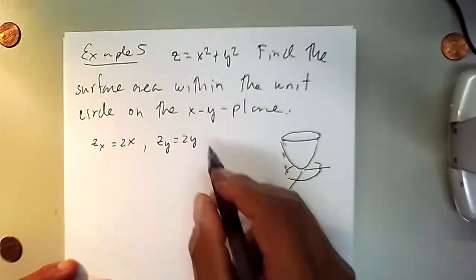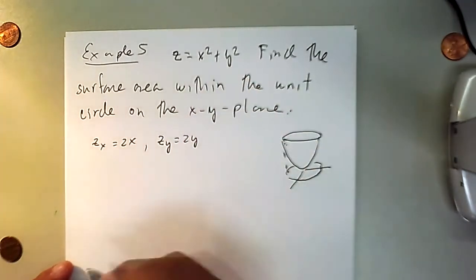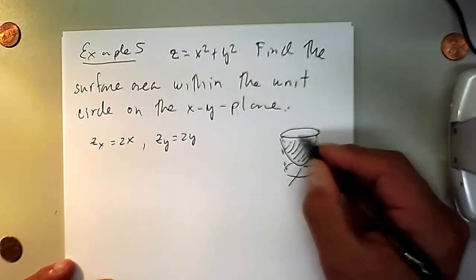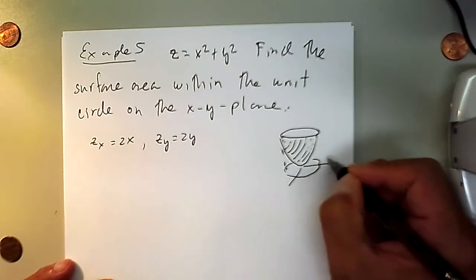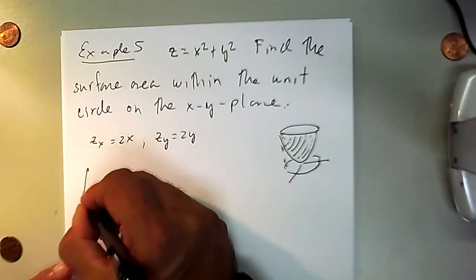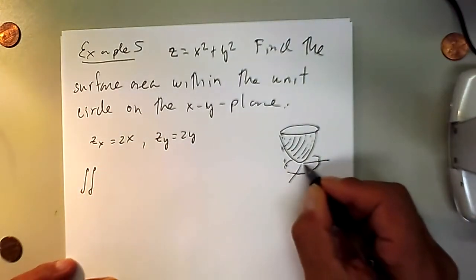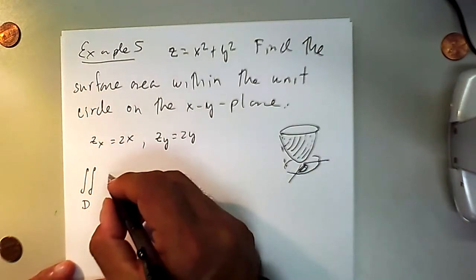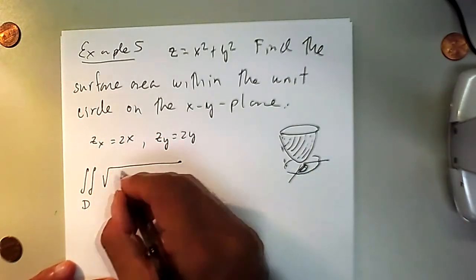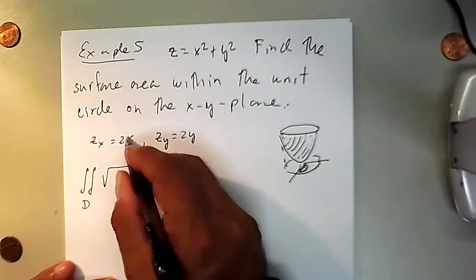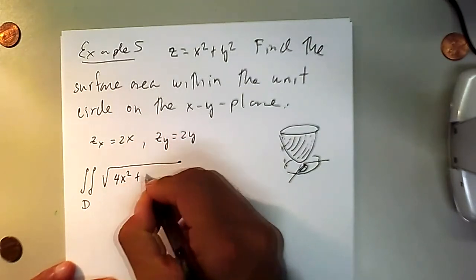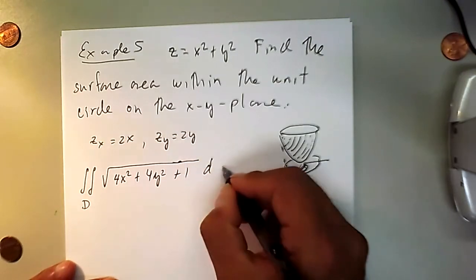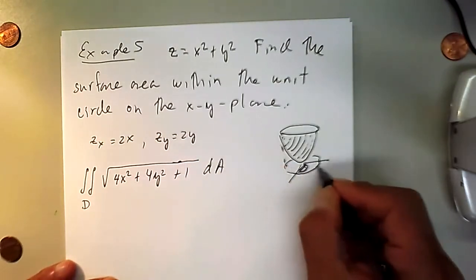And so the surface area of this paraboloid within the unit circle will be the double integral, and let's call this D, D would be the whole circle, over D of the square root of this guy squared, 4x squared plus 4y squared. We need to add 1, dA, again, with respect to this area.